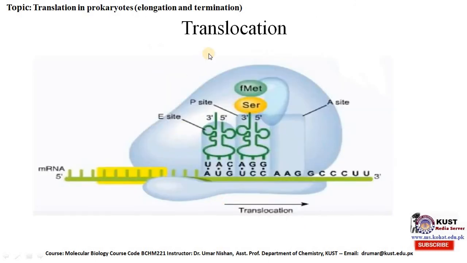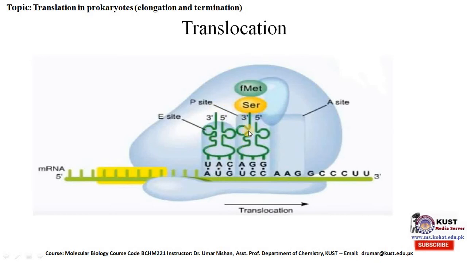And now we talk about the translocation. The machinery, the messenger RNA, this is how the translocation occurs; it is read in a 5' to 3' direction. This is the E site, this is the transfer RNA that is attached.